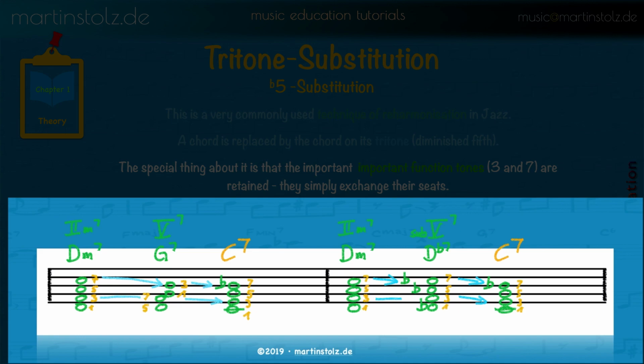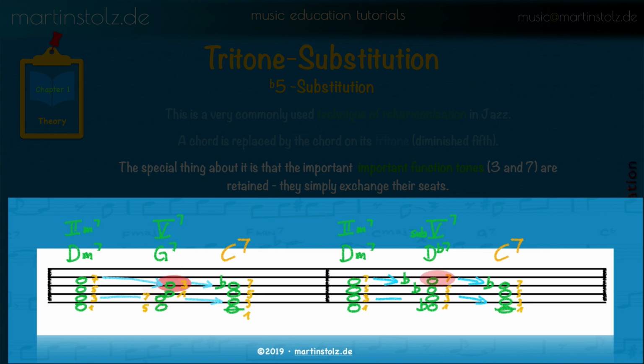So what happens here is the leading lines of the 2, 5, 1 are the same as the leading lines of the 2, sub 5, 1. Maybe not too easy if you have no idea about jazz harmonics, but people who have a bit of an idea should understand it.